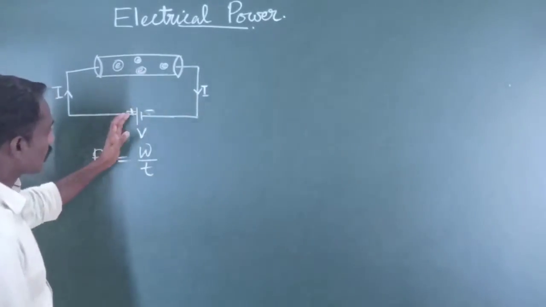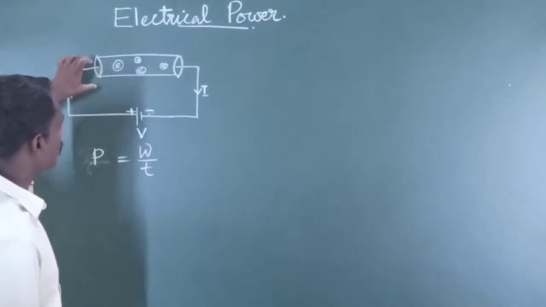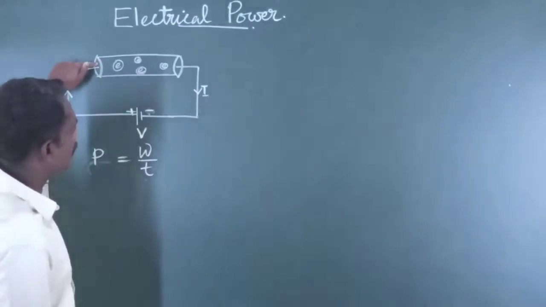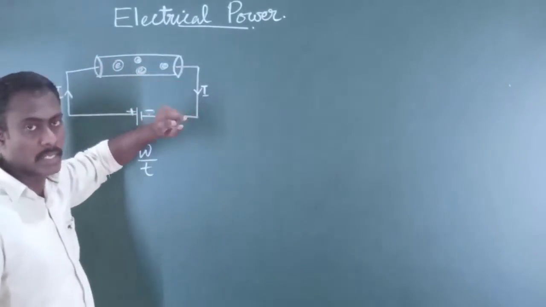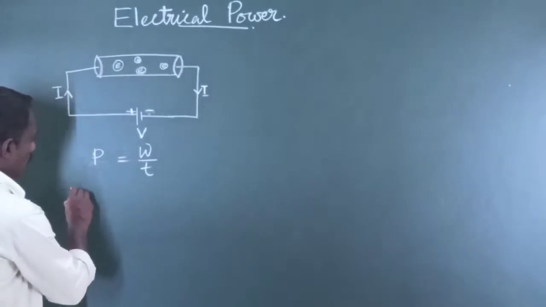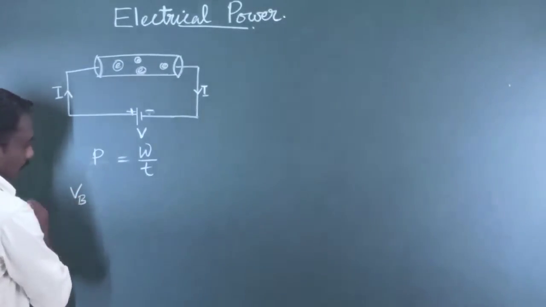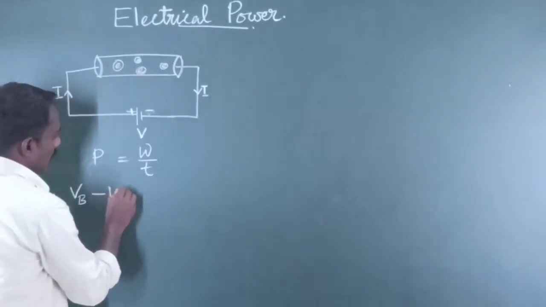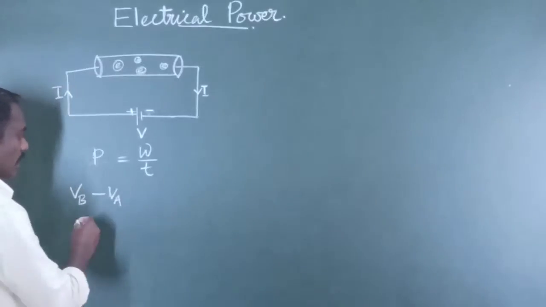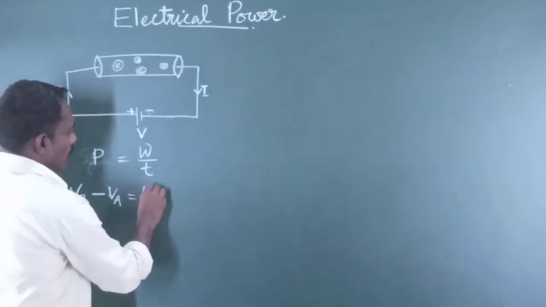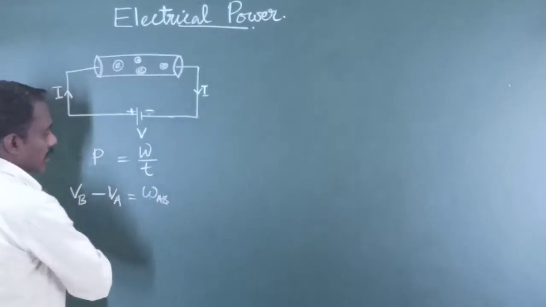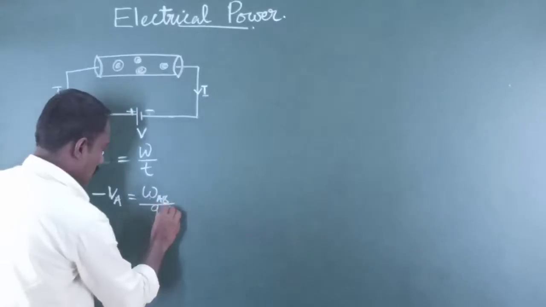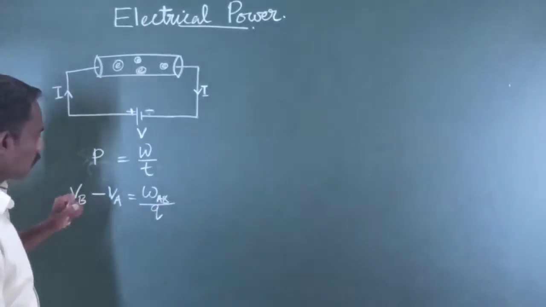There are two terminals of the battery connected to the two ends of the conductor, so the potential at the ends of the conductor is different, and we already have an equation: the potential difference VA minus VB is equal to WAB, the work done across the two ends A and B, divided by the total charge moved Q. This equation we already have.